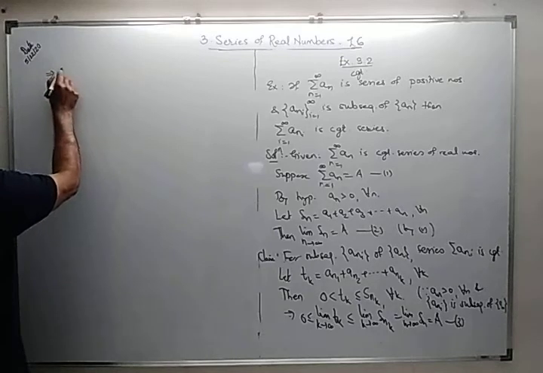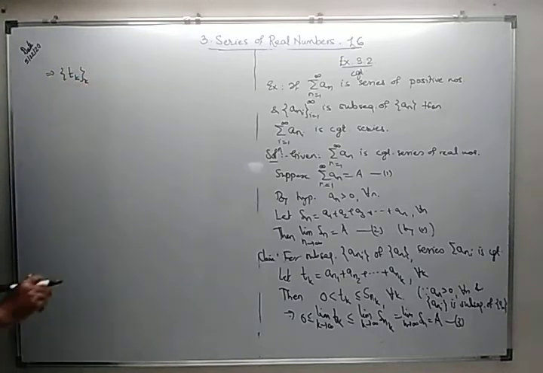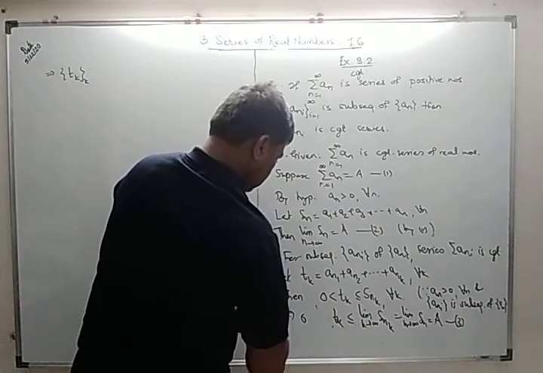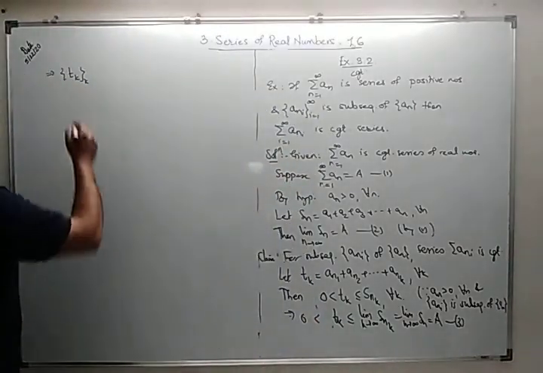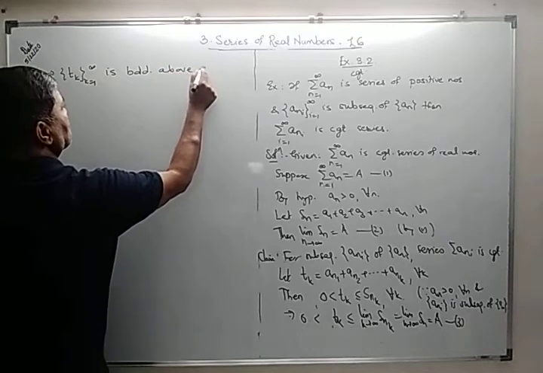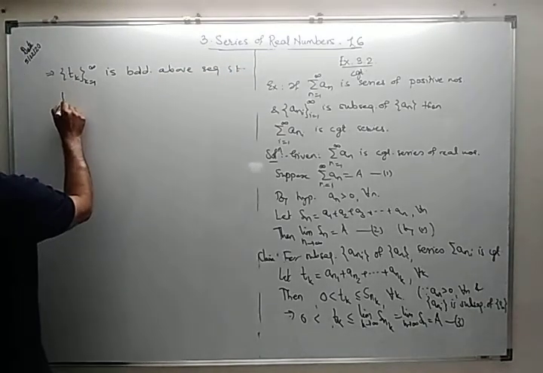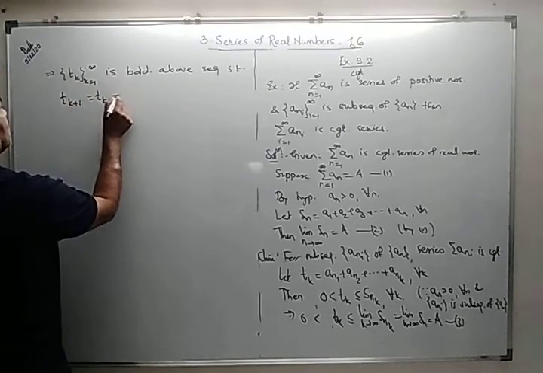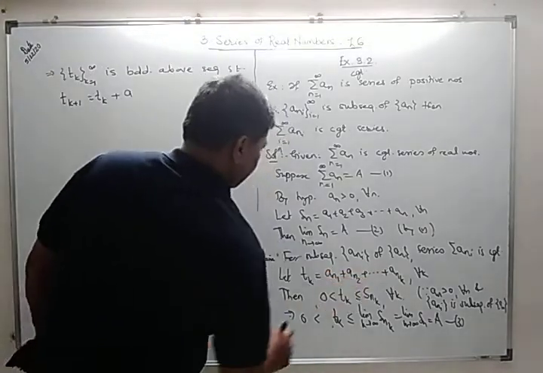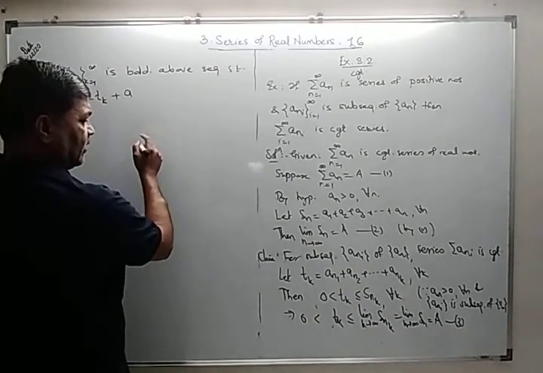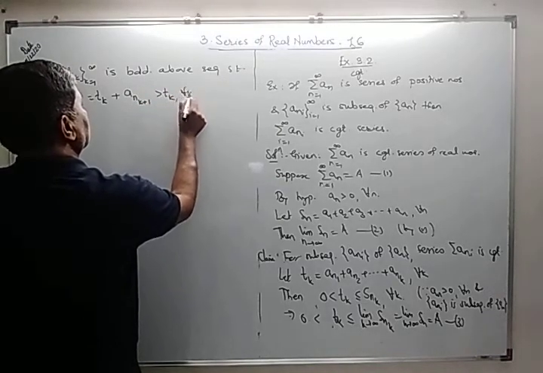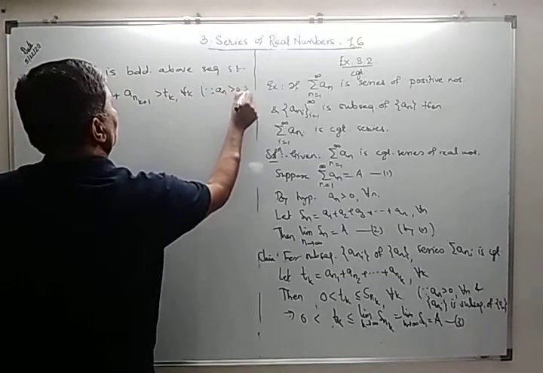Moreover, this implies T_k is a bounded above sequence, such that T_{k+1} is equal to T_k plus a_{n_{k+1}}, which is greater than T_k for every k, since a_n is greater than 0 for all n.